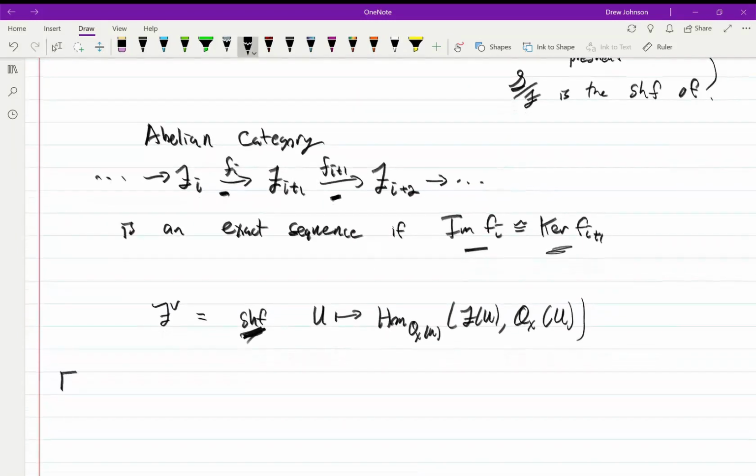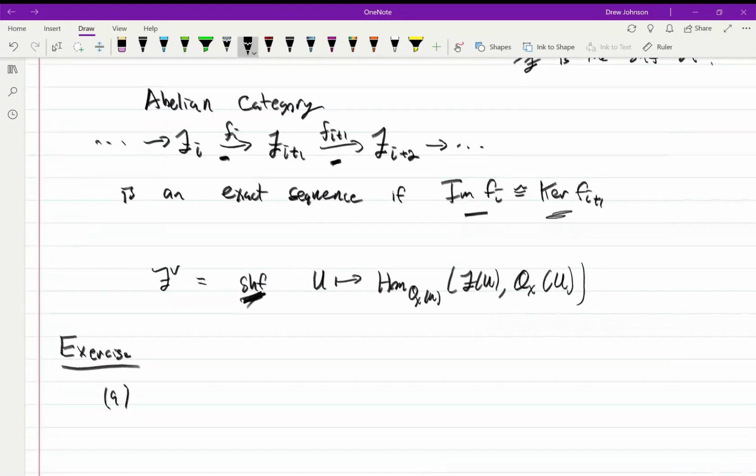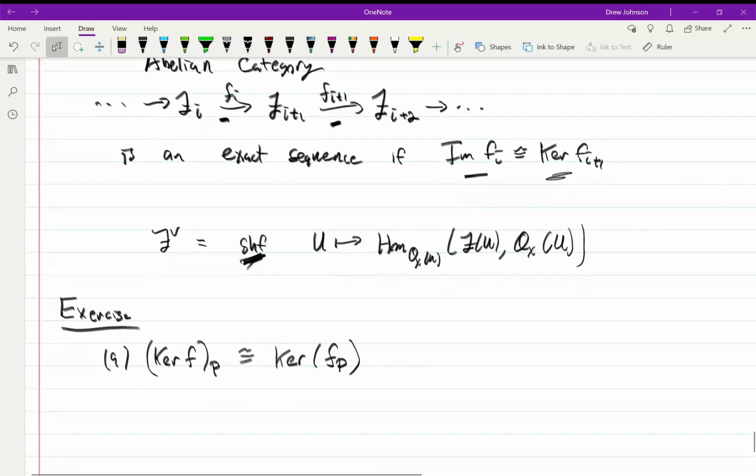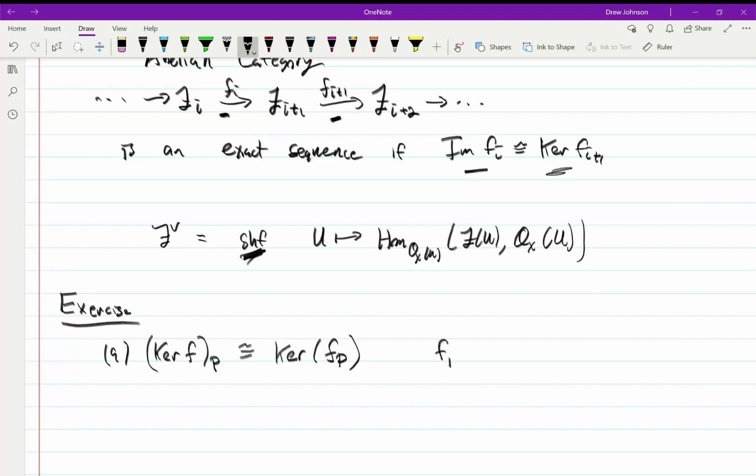All right, we're going to talk more about this abelian category structure for a minute here. Let me state this exercise that will be useful for us. It says that the kernel of a map of sheaves, if you take the stalk at P, will be isomorphic to the kernel of the induced map on stalks. So remember, F_P to G_P is the induced map on stalks.